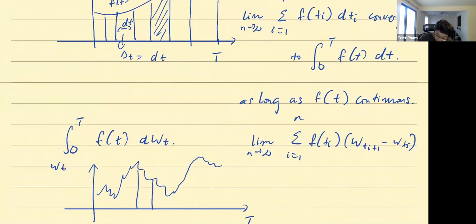Let's say this is t_{i+1}. The issue is that if you do this, this sum will never converge. I mean, never is too strong, but it is guaranteed that you will not get convergence for this.